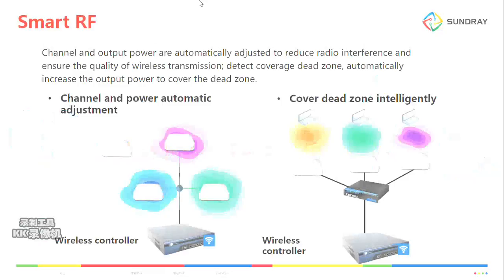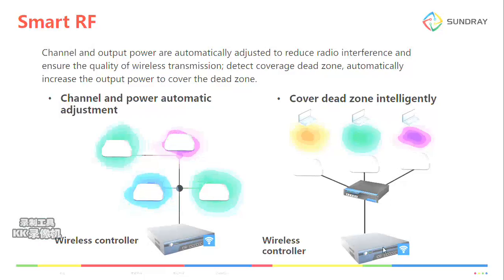Here in smart RF, the first one, we have the channel and power automatic adjustment. For example, there are already 3 access points deployed in the network. If we want to add 1 access point here, they will communicate with each other to automatically adjust the power and the channel to avoid the interference. So this is power and channel automatic adjustment.